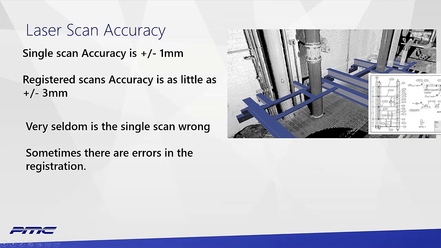What's in the scan is correct. There's essentially no way for the scans to come back completely incorrect. Now, when you get into the registration and you start stitching multiple scans together, you can have really, really large errors if that work wasn't done correctly and if audits and checks weren't done to make sure it was correct.